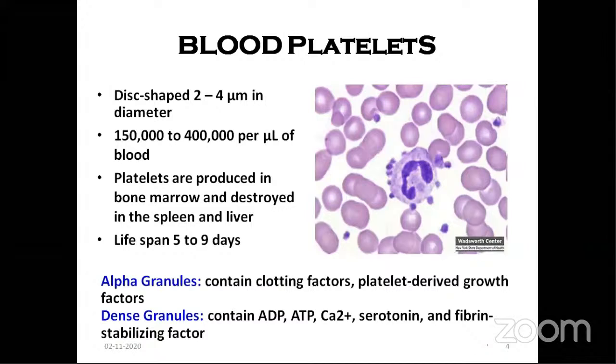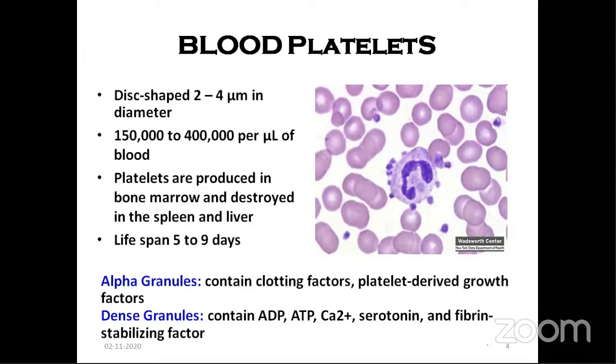Now these discs are pinched off from the megakaryocytes as cytoplasmic fragments. Inside, they have two different types of granules. They are very rich in granules. They have endoplasmic reticulum, and they have granules which contain clotting factors and even certain growth factors derived from the platelets.